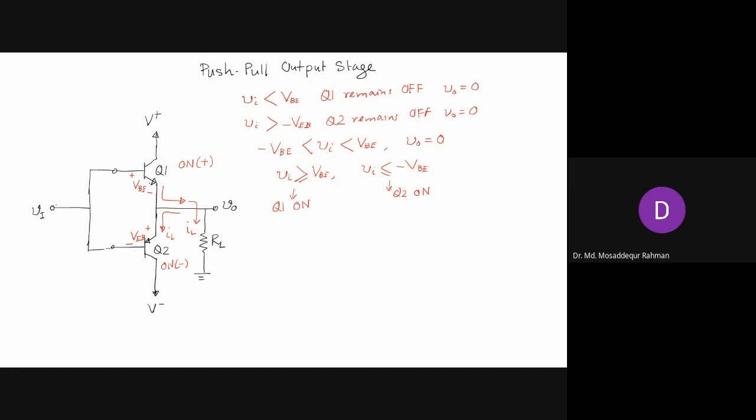So Q1 here is pushing the current into the load, whereas Q2 pulls the current through the load, right? So that's why this circuit is known as the push-pull output stage. One is pushing the current, the other is pulling the current through the output.